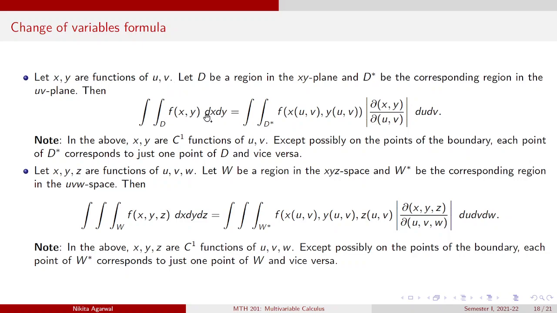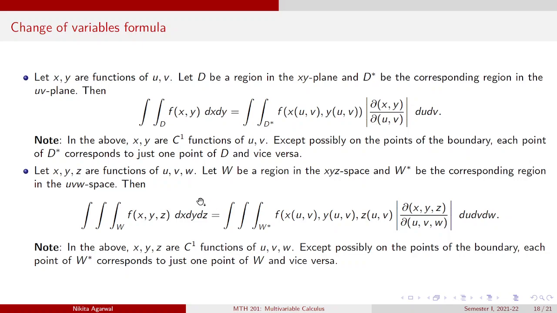The area gets transformed to this quantity, the absolute value of the Jacobian determinant times du dv. So that's the area of the new region that you get when you transform an infinitesimal rectangle in the xy plane of sides dx and dy. So this is the extra factor.